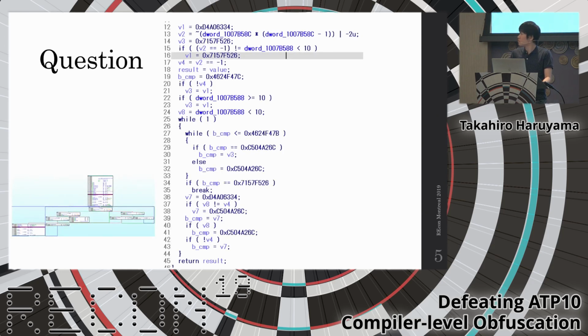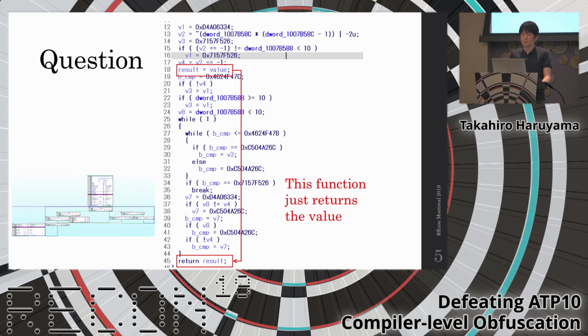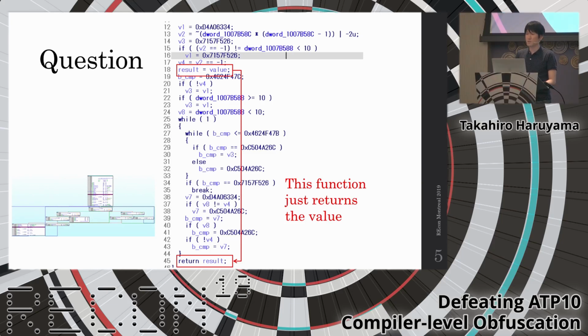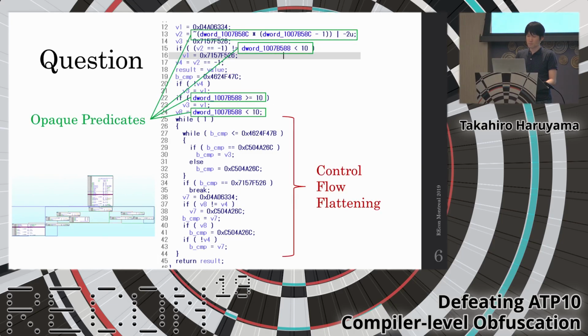One question: what's the purpose of this function? This function just returns the argument value. So what are the other statements for? They are obfuscations used to make reverse engineering harder by changing a code flow so that it is not linear.